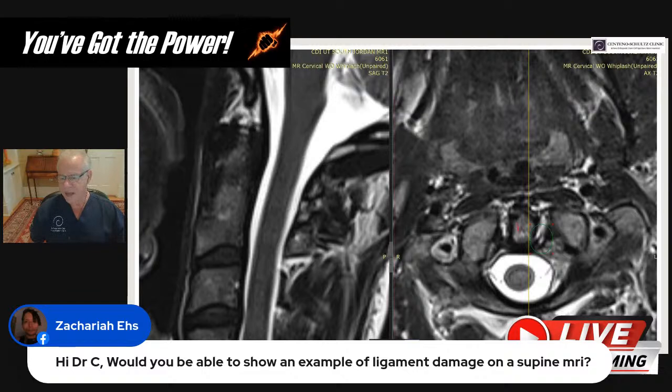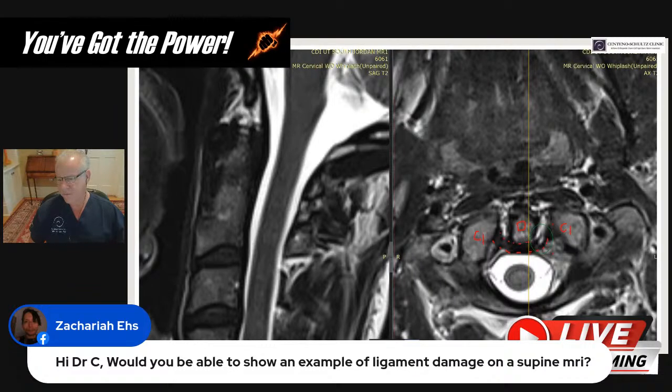So this is the dens here. That's C2. And this is the atlas, or C1. And this is the transverse ligament here, also called the transverse band of the cruciate ligament. And you can see that all of that looks kind of uniformly dark.